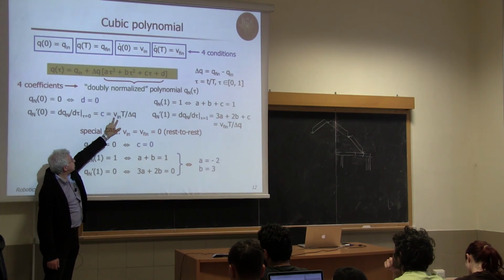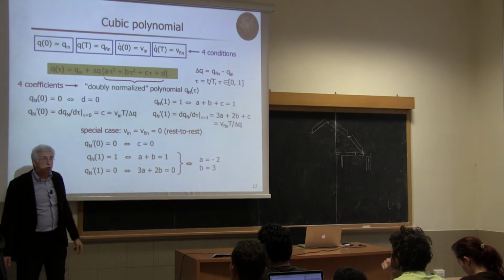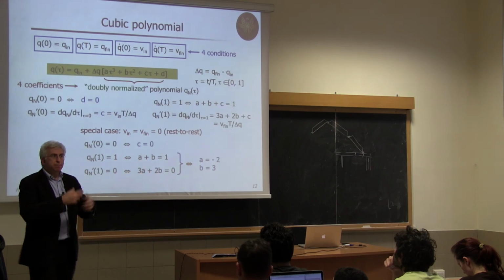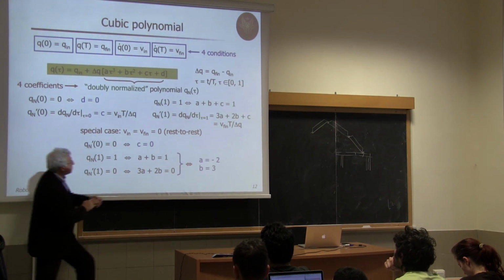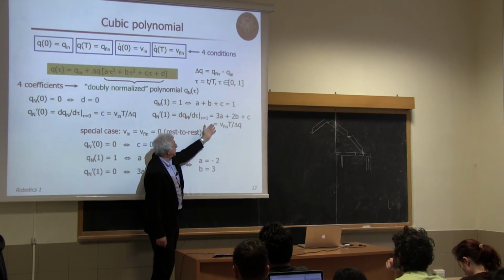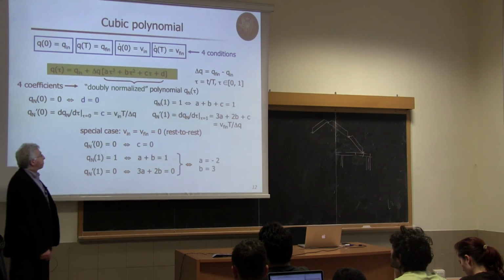This should be equal to v initial times T, divided by delta q, which was the factor. Okay? So I'm imposing the boundary condition. And the same thing at the end. This will impose some conditions on a, b, c and on a, b, c for the time derivative.